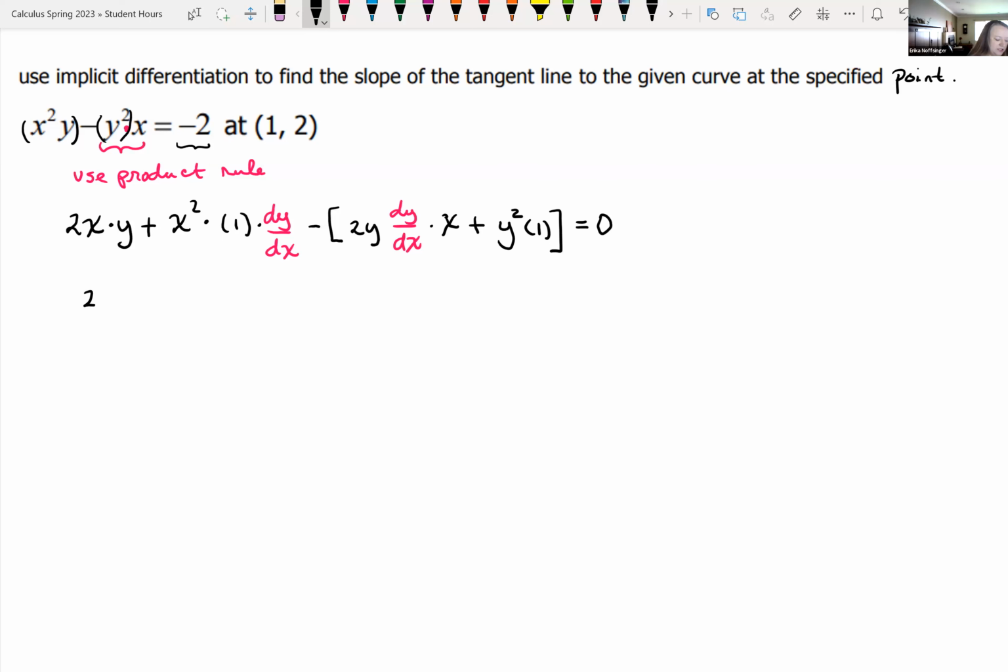I'm going to rewrite this: 2xy plus x squared dy/dx. Let's distribute our negative sign inside the bracket. So we would get minus 2y dy/dx minus y squared equals 0.